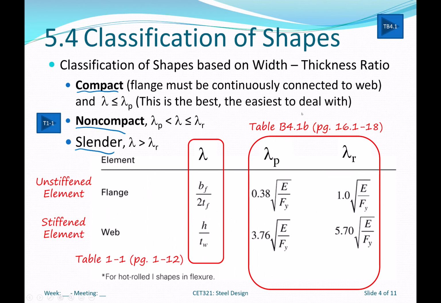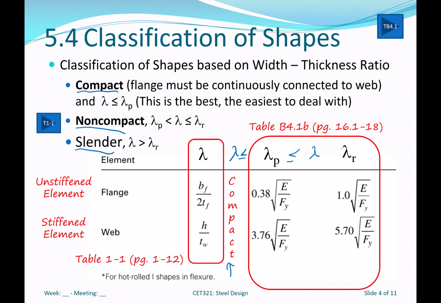Now, if lambda is less than lambda sub p, it's compact. If lambda is greater than lambda sub p, and I guess you could say equal, if it were equal, I'd want to go compact because that's the better condition.